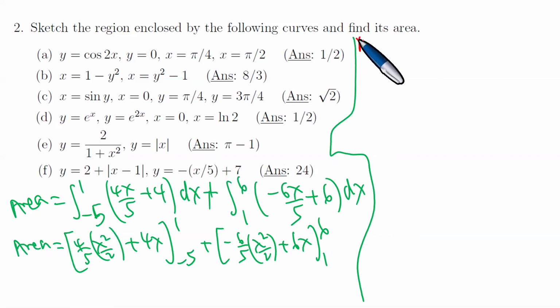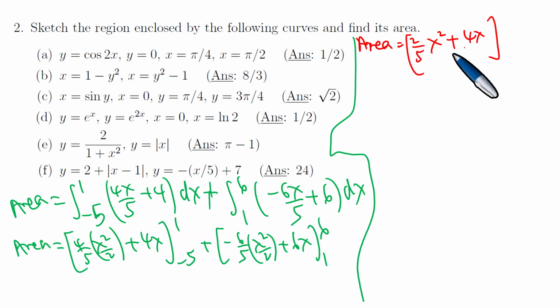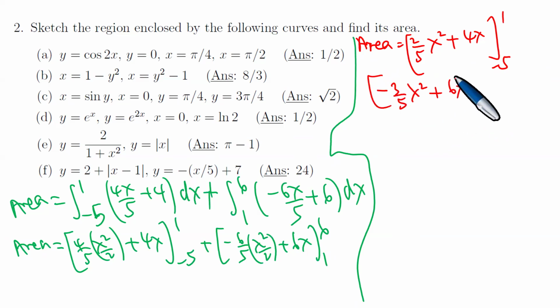The area is exactly 2 over 5, x squared plus 4x from minus 5 to 1, minus 3 over 5, x squared plus 6x, and then you integrate from 1 to 6.